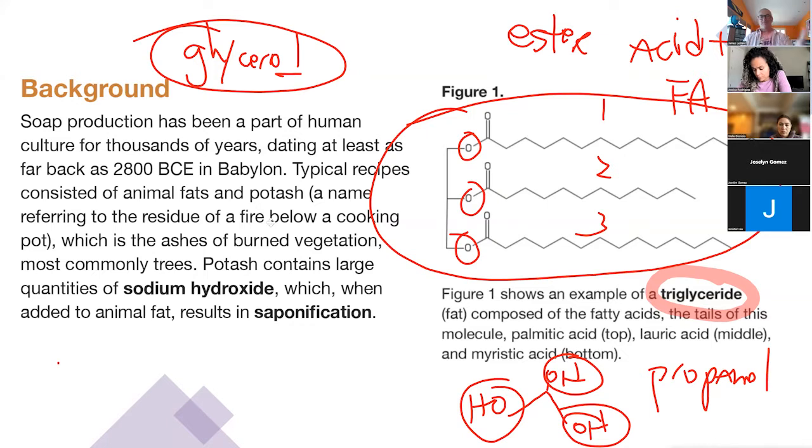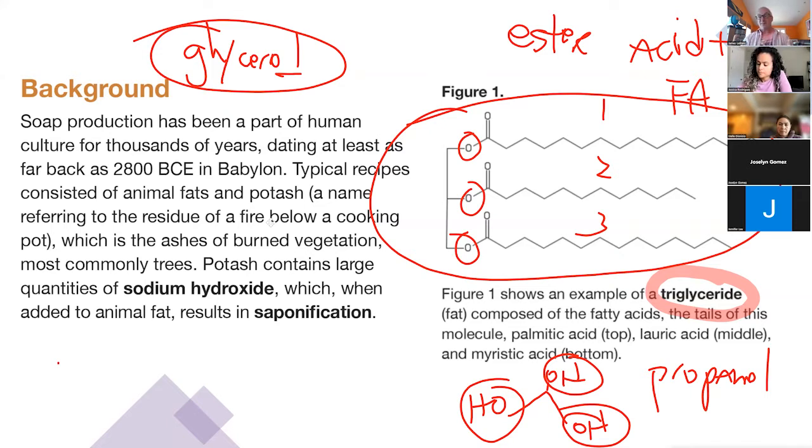We see triglycerides a lot. Most of you aren't old enough to have your blood taken. That's one of the things they test you when you're old and feeble. They test you for your cholesterol level, your triglyceride level. If you have a high level of triglycerides in your blood, it means you have a lot of fat in your blood.